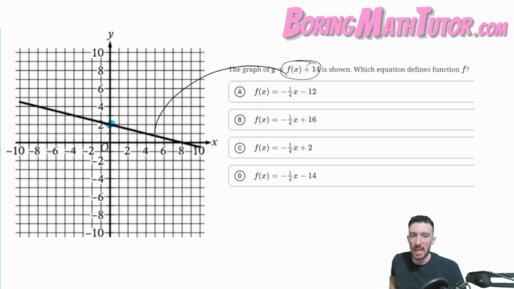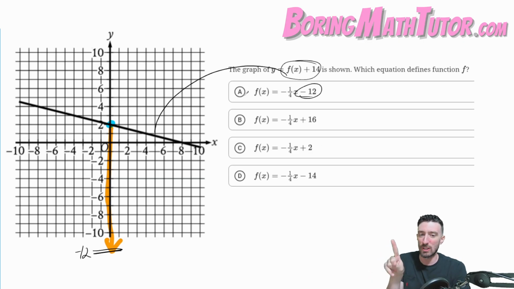Well, if this is the graph of f of x plus 14, that means it got shifted up by 14. So how would we get the graph of the original? We'd have to go down by 14, which would bring us down to a y-intercept, not of 2, but of -12. And that's really all you need to do here.